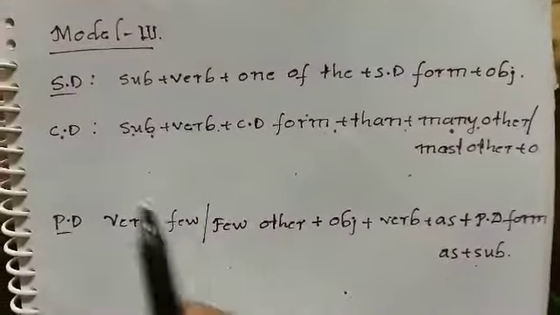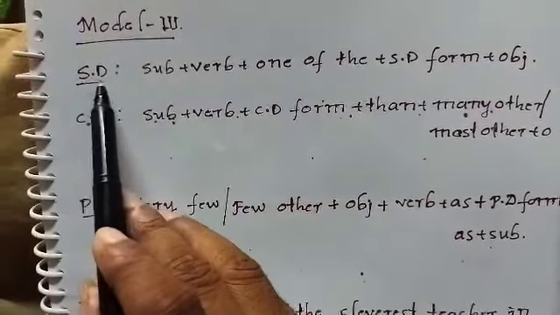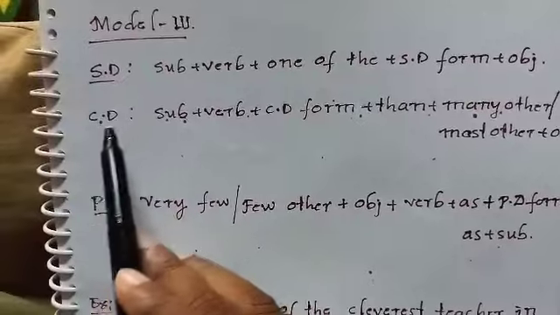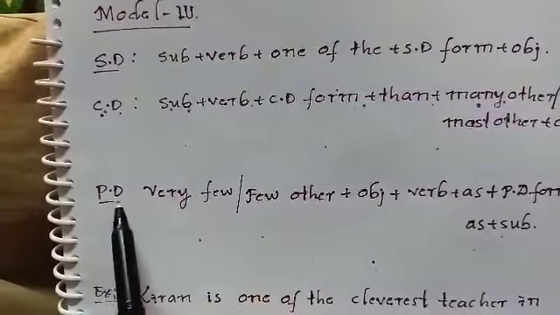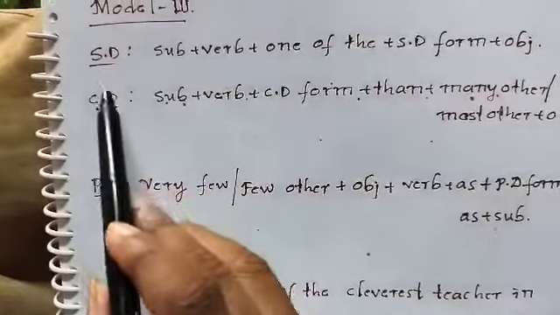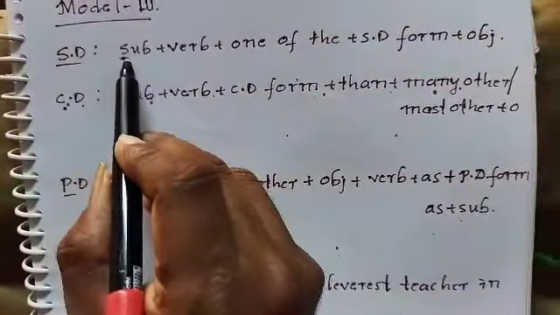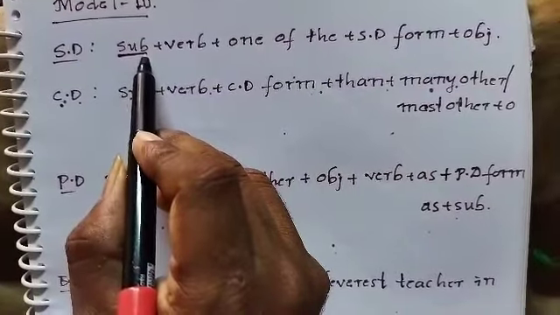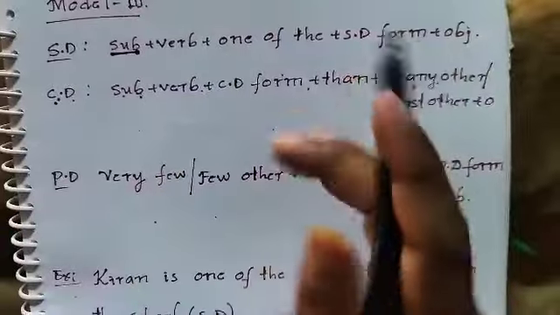Model 3: SD superlative degree sentence, CD comparative degree sentence, positive degree sentence. Before writing the sentence, the structure is needed. For the superlative degree sentence in Model 3, first, what about this?